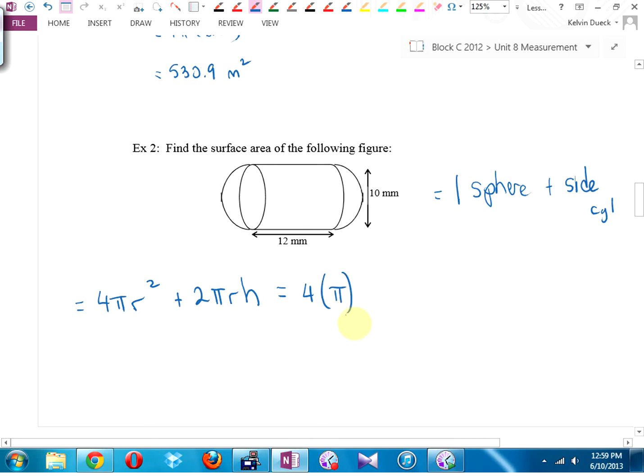What's the radius? Careful. Thank you. Squared plus 2 pi. What's the radius? 5. What's the height? Not 10. Think, the cylinder is laying flat. The height is actually that 12.